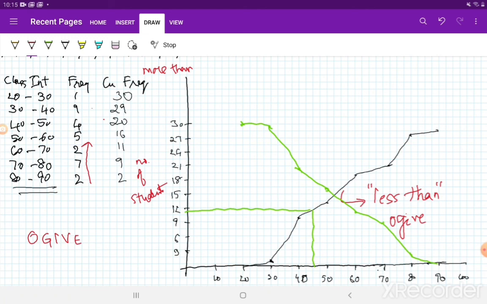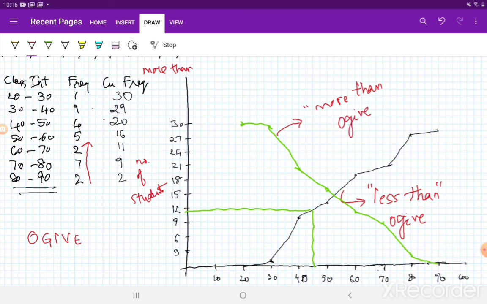Since this is constructed from the cumulative frequency that adds up the frequencies from the bottom, I'm calling this the more than ogive.